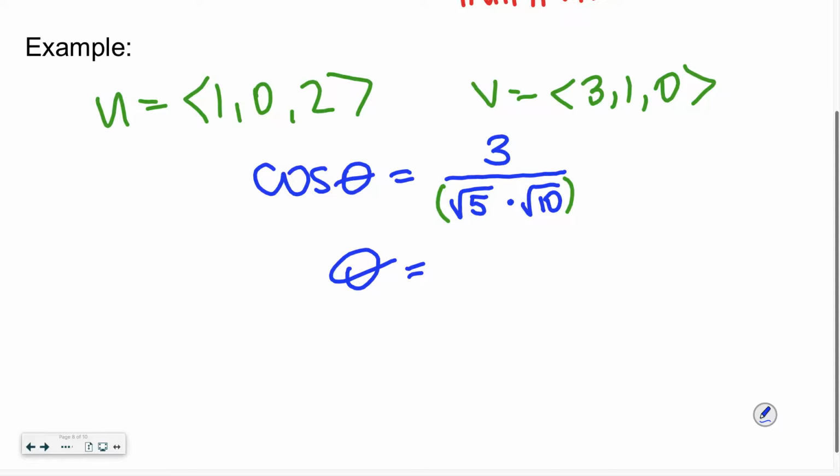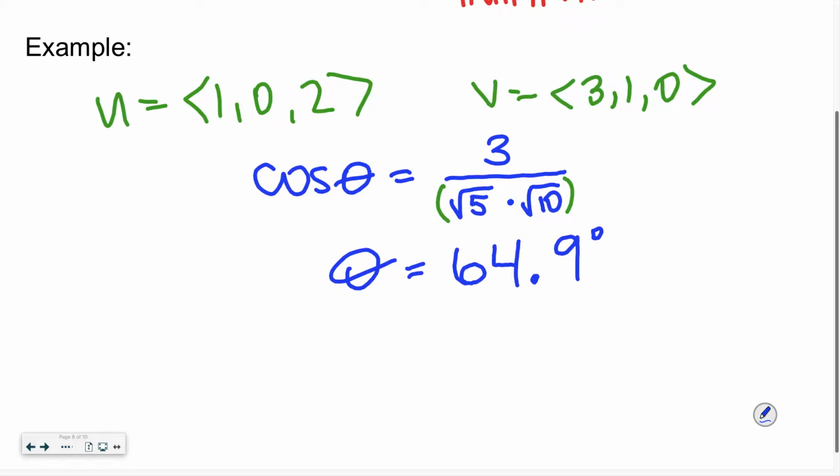Do you get 64.9? Make sure you're in degree mode. Make sure you're getting that product in parentheses.